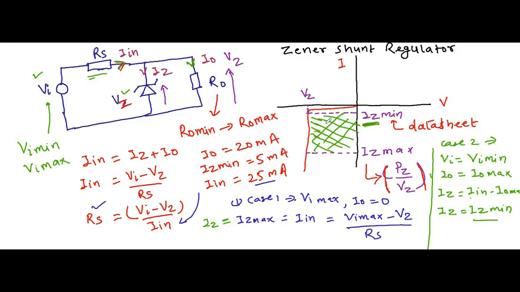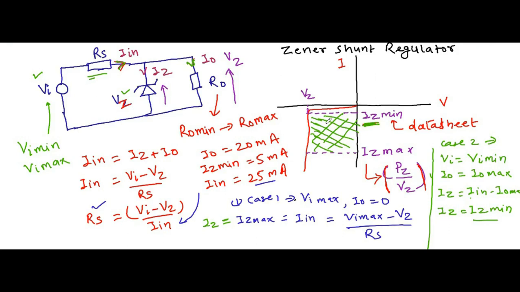Now you have to be very careful. You have to define the operating current region of your Zener diode, which is from IZ minimum, the minimum Zener current, to the maximum Zener current. When your load is maximum, your Zener current is minimum, and when your load is zero, or minimum, your Zener current is going to be maximum.